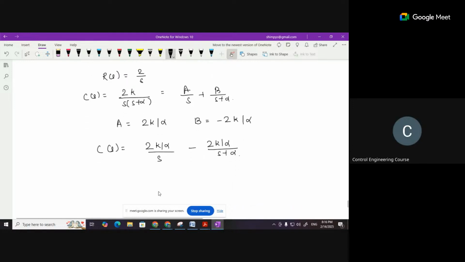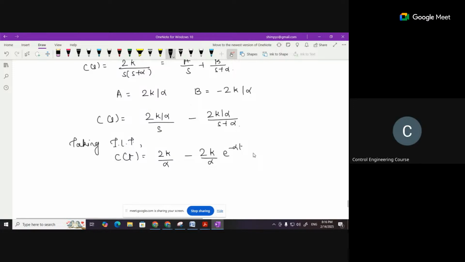Now if I take the inverse Laplace transform, c(t) will be 2K by alpha times 1, since the inverse of 1 by s is 1, minus 2K by alpha e to the power minus alpha t, since the inverse Laplace transform of 1 by (s plus alpha) is e to the power minus alpha t. So this can be written as 2K by alpha (1 minus e to the power minus alpha t).